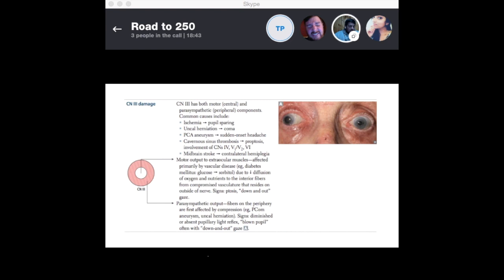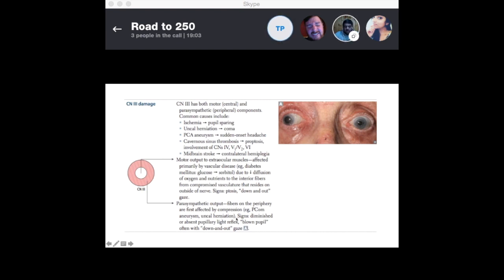So they're easily compressed through such things as a posterior communicating artery aneurysm or uncal herniation. Because these fibers are running on the outside, when you have an aneurysm, you're going to get a pupillary dilation.